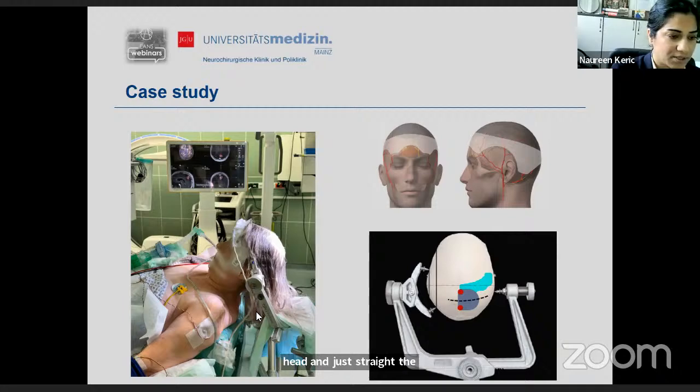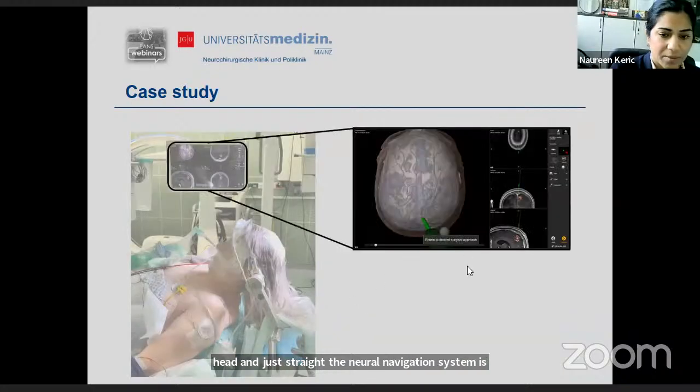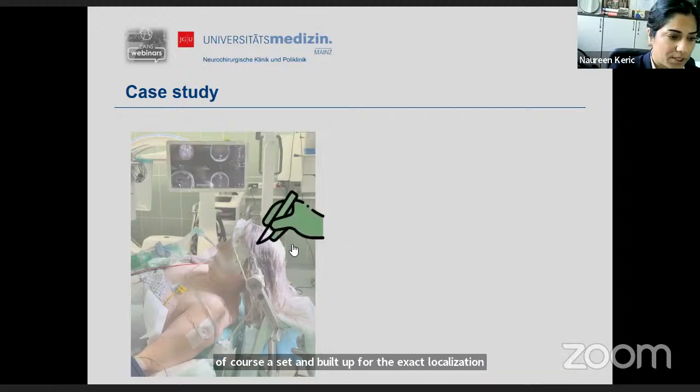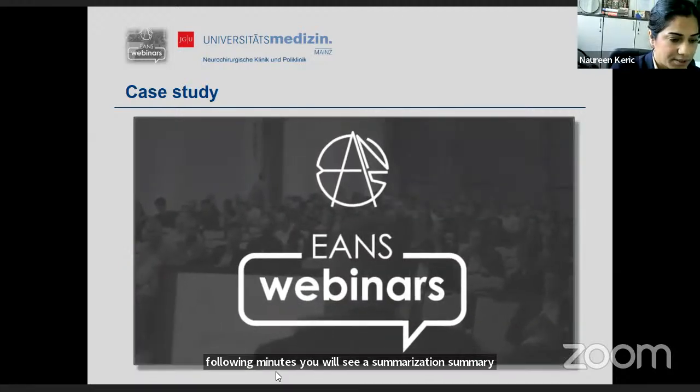The neuronavigation system is, of course, set up for the exact localization of the tumor. And then we start the surgery, and in the following minutes, you will see a summary of the surgery, and I will comment on it.